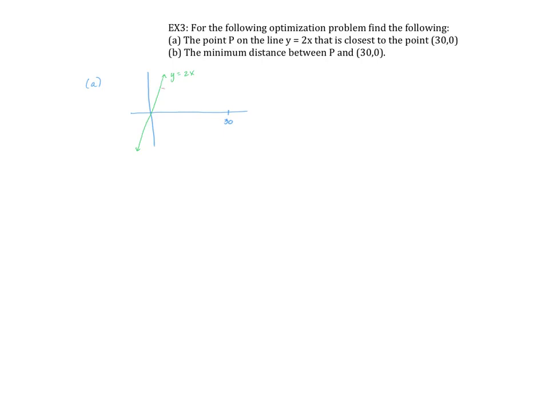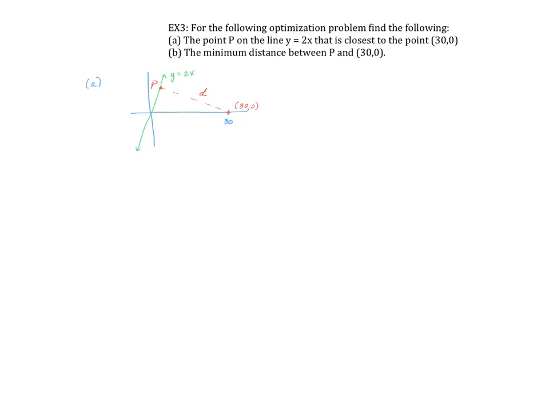Again, it's not to scale. I just want to get an idea of what I'm looking at. Okay, so we're supposed to find the point closest to (30, 0). So what we're looking at is the closest or the smallest distance from our point to the point (30, 0).